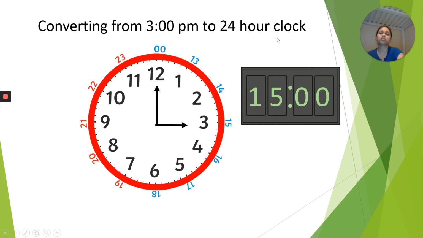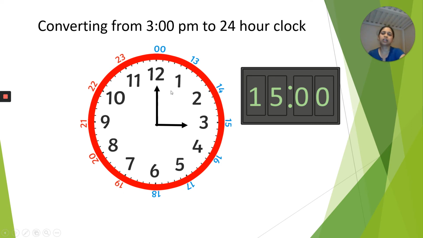Right, converting from 3 p.m. to 24-hour clock. Now I've given you the time over here, which is your 12-hour clock. Your 12-hour time over here is 3 p.m. If you had to convert it to a 24-hour clock, you have to look on the outside.